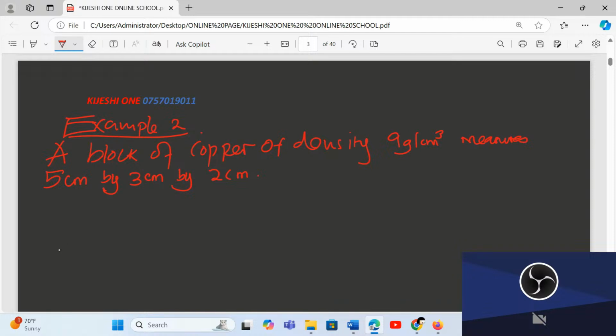Given that G is equal to 10 newtons per kg, determine A, maximum pressure, B, the minimum pressure.